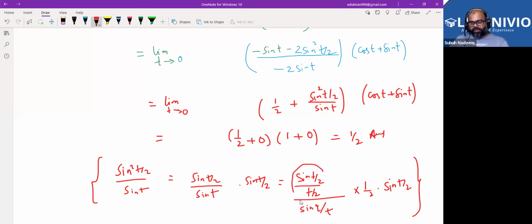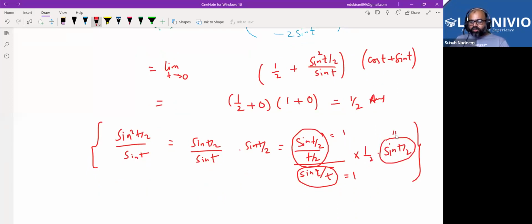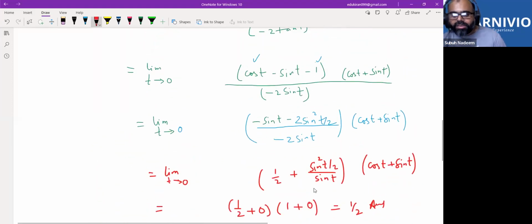So this will be 1 because t is approaching 0. This will also be 1. And then sin t by 2 will be 0. So the overall value of this product is 0. So you can write it first here. Then you can write down.